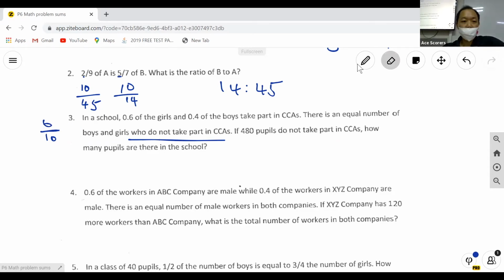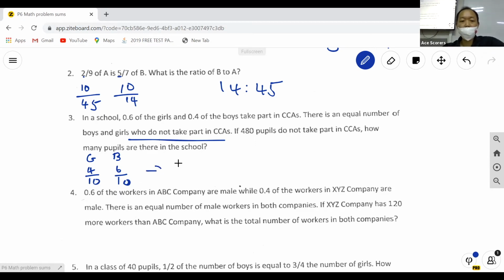So girls who don't take part is 4 over 10. Boys who don't take part is 6 out of 10. Now they say that the 4 should be equal to 6. That means the ratio at the top should be made the same. So what is the common multiple? 12, right?